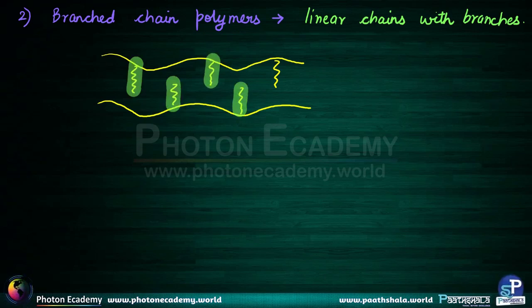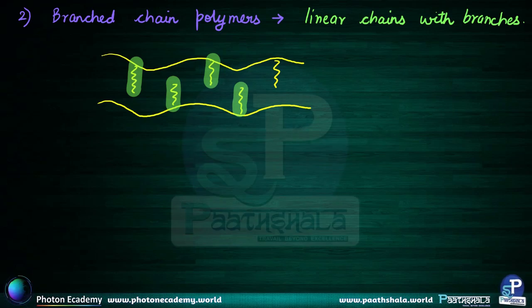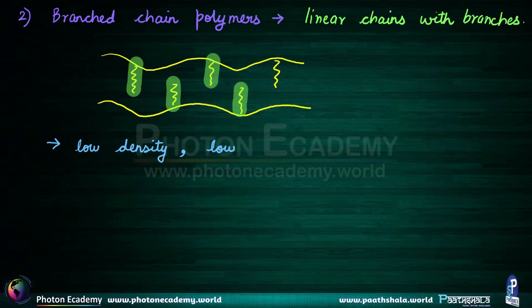Since there are branches in between them, we cannot have them in close contact with each other. Because they cannot come in close contact with each other, properties like low density can be seen in them. So they have low density. Also, they have a low melting point, a sharp contrast to our linear polymers.